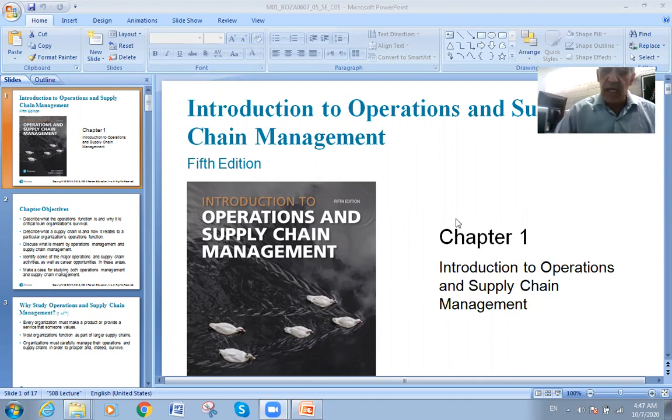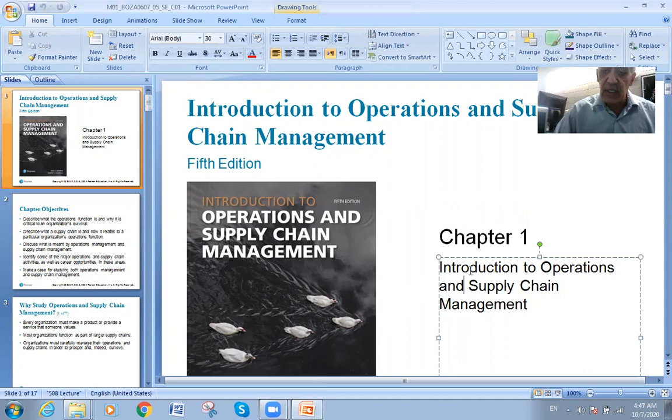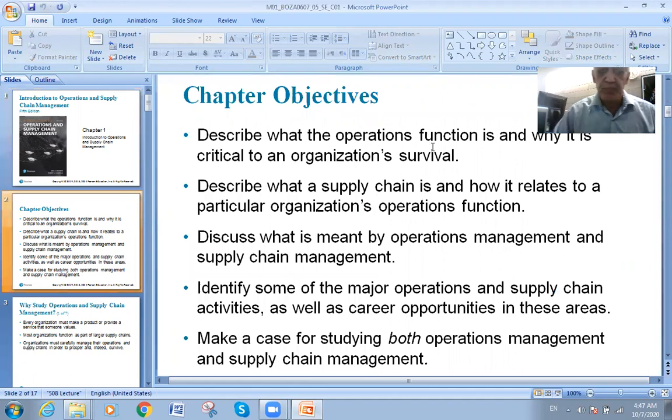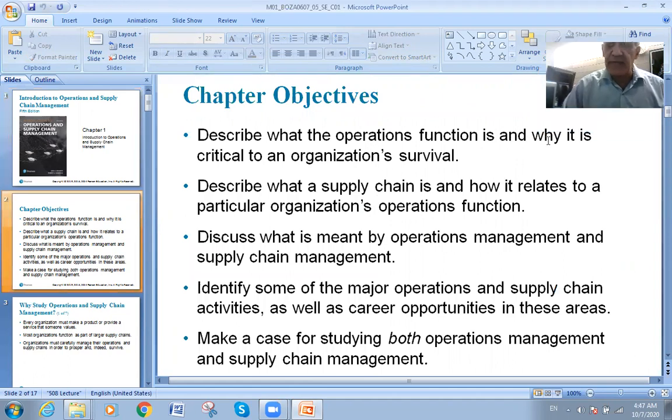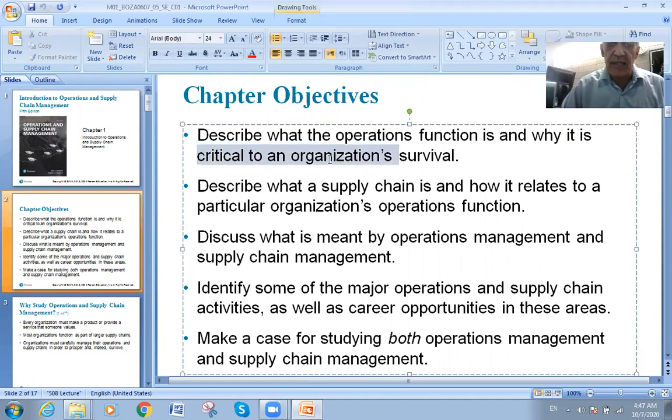Anyhow, here we start the Introduction to Operations and Supply Management. This is the book, the 5th edition. The objective of this study is why organizations survive, because without the supply chain, we won't survive. We depend on the movement of goods from the producer to the consumer.